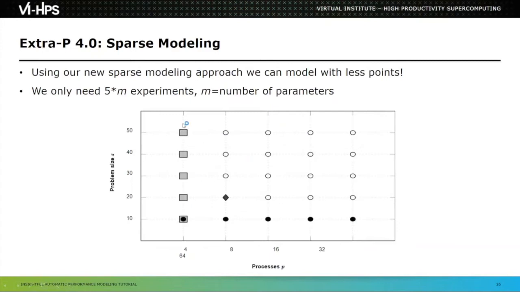And then for the problem size, it would be enough to have these gray squares. So you would actually just need 9 points instead of 25. And of course, you can measure more points, which will lead to better accuracy, because in the end, more data is always better for a function fitting method like we have.